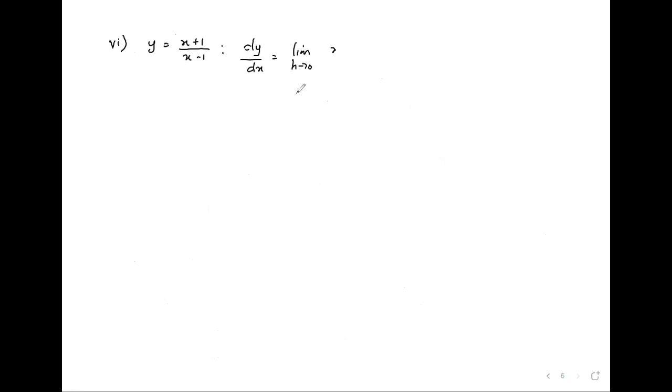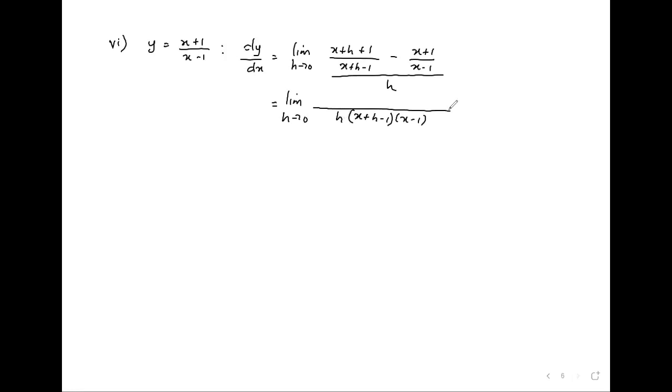Now we are used to this, so we just go direct to x plus h plus 1 over x plus h minus 1 minus x plus 1 over x minus 1, everything over h, so that we get the limit as h goes to 0. Common denominator on top, which will multiply by the h down. And then remember that when you're dividing there, the h is silent. The h is acting as if it's not there.